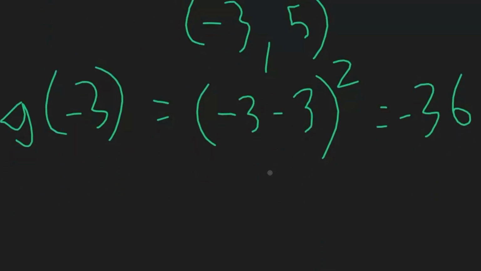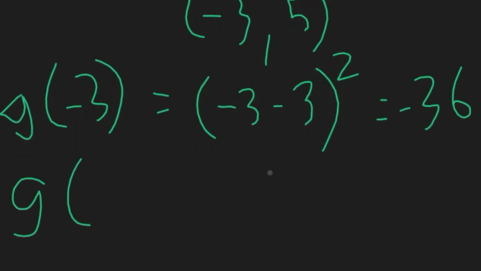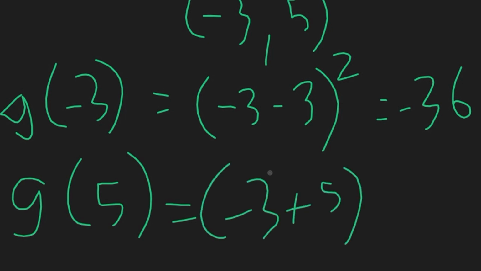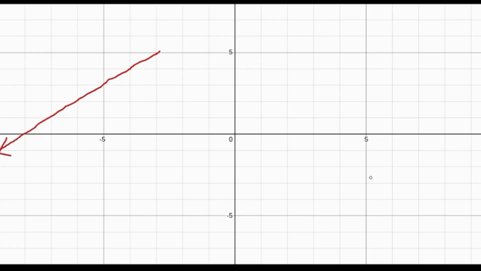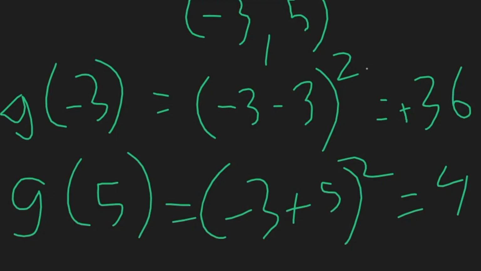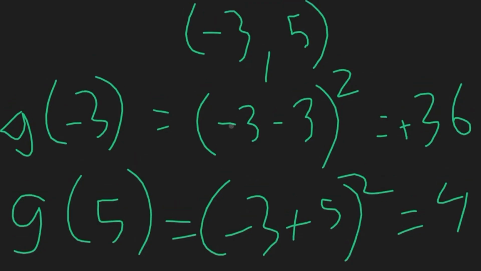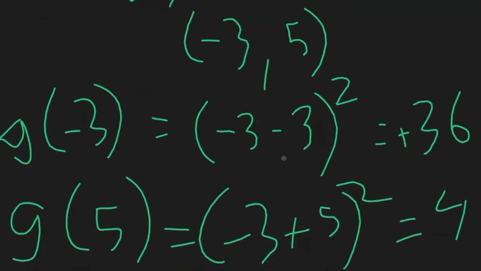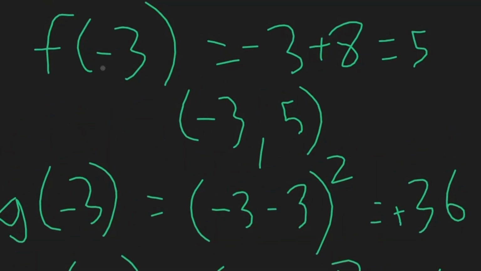But at 5, that'll just be 4. Oops, this should be positive. So we know at 5, it'll be at 4. Another thing that we can find is the vertex, since the vertex will be somewhere between these points.